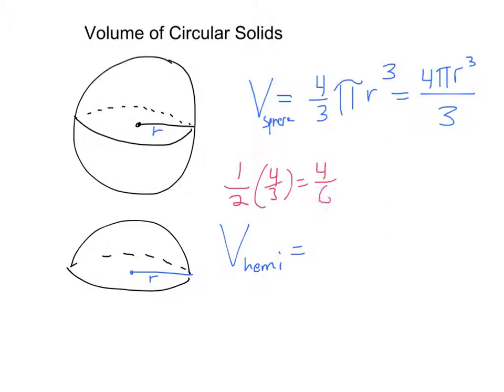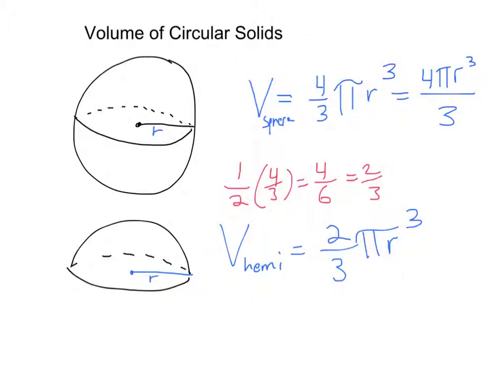Multiply the numerator, multiply the denominator. That's 2/3. So the volume of a hemisphere will be 2/3 pi r cubed. Now this is not the kind of thing that would be on your MCAS formula sheet, so you'd have to reason that out. So these are the two crucial formulas or ideas, and I really just want you to know the sphere one, and then just know that you can take half for the volume of a hemisphere.